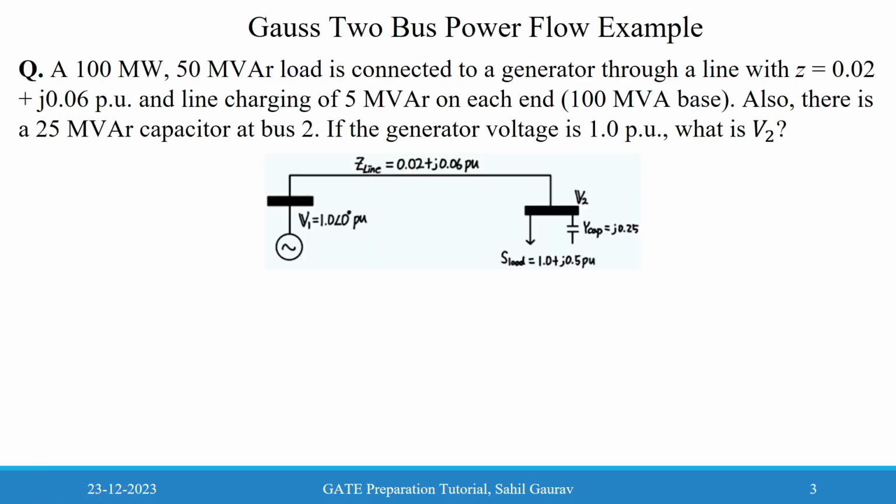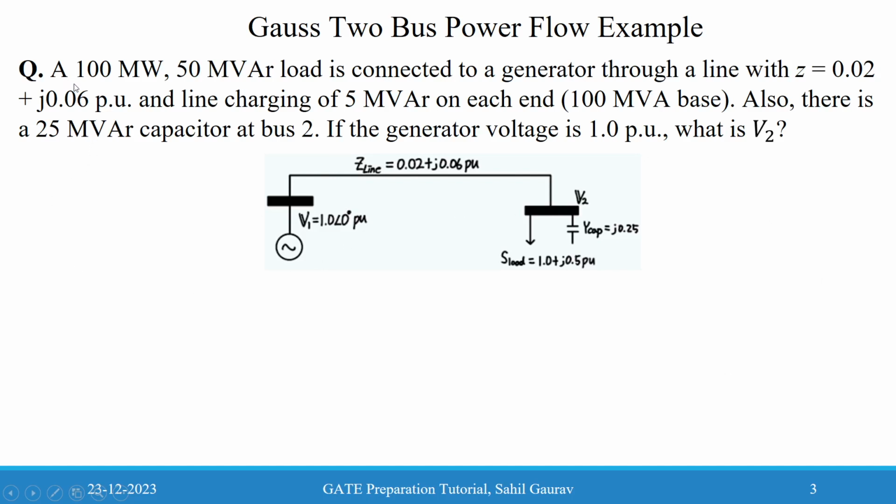Now coming to today's session, let us have a quick example that I also discussed in the previous session, but we just have to recap it. This is a two bus power flow example. We are going to solve this question with the help of the Gauss iteration method.